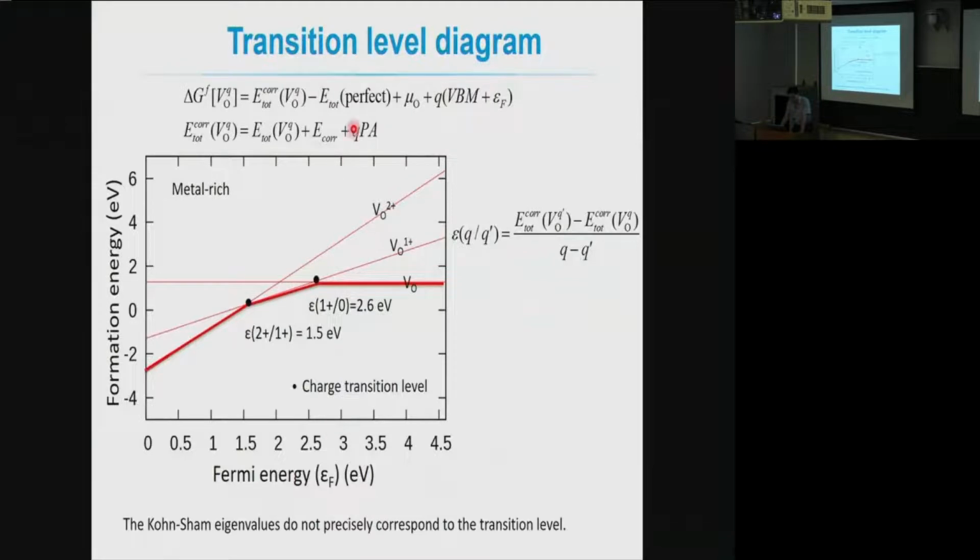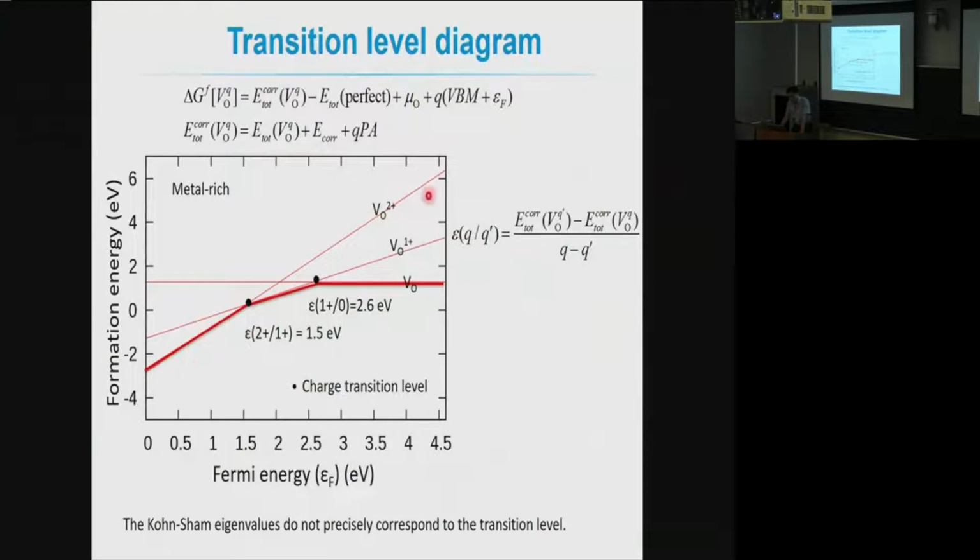On the other hand, for VO1 plus, Q equals 1, therefore it depends linearly on the Fermi level. So you have this linear line here for VO1 plus, and for VO2 plus the slope is doubled, because Q increases from 1 to 2.